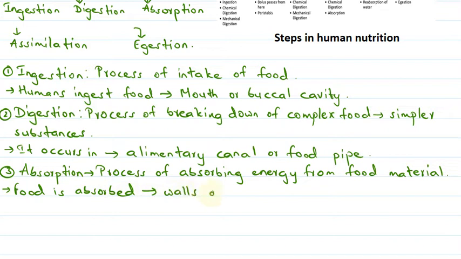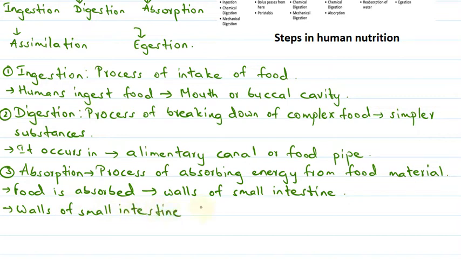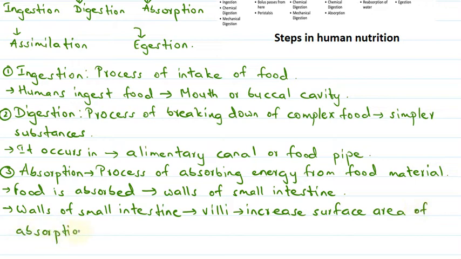The walls of the small intestine contain tiny finger-like structures called villi, and these villi increase the surface area of absorption. Okay, so this is the process of absorption.